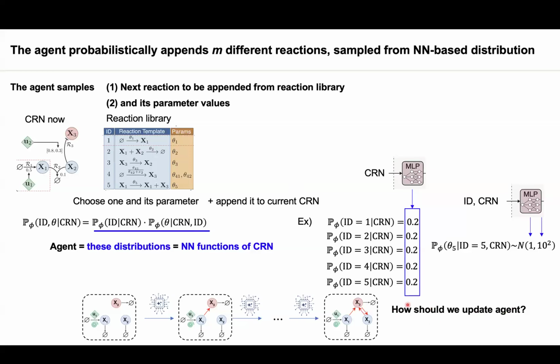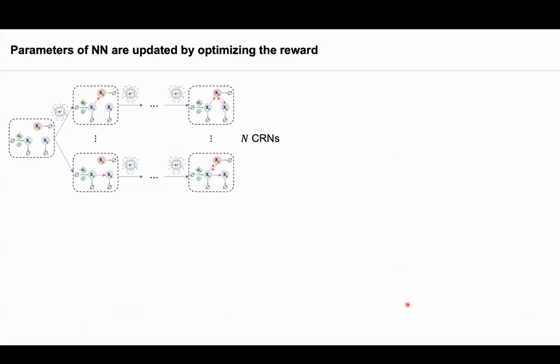And this MLP will be updated, or in other words trained, to sample the CRN which has the dynamical property we want. To do that, we have to set some loss function for matching this dynamical property.